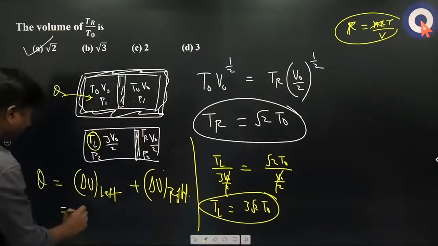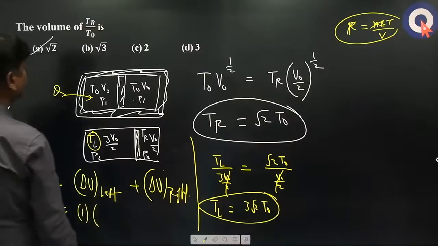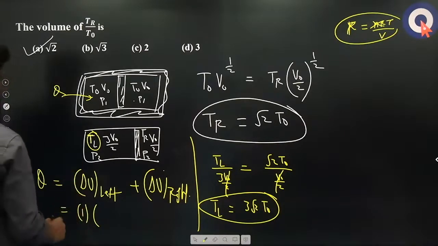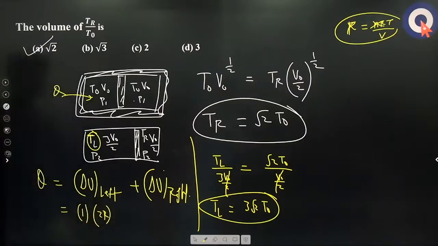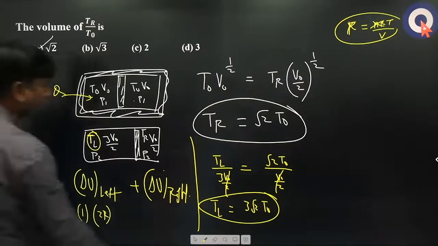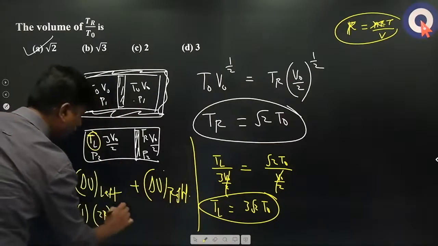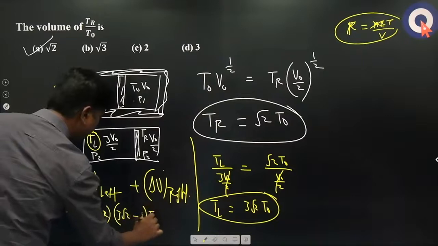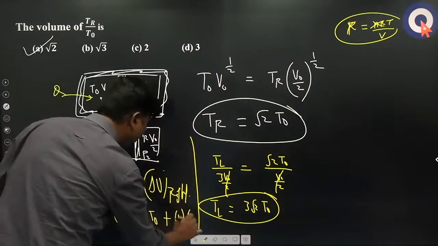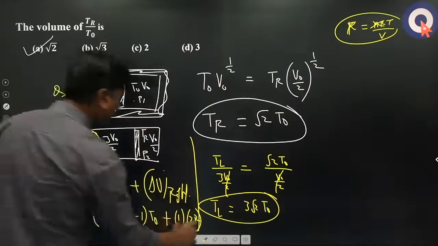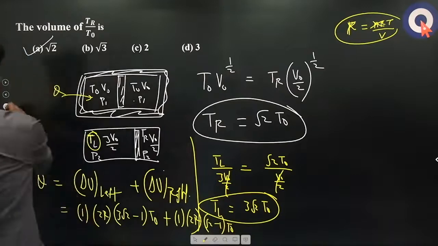Delta U is n, and I think the Cv value they have given, 2R, into delta T. Delta T of the left is how much? 3 root 2 T naught minus T naught, so 3 root 2 minus 1 times T naught. Similarly, delta U for the right, n Cv is 2R only, and root 2 minus 1 times T naught.